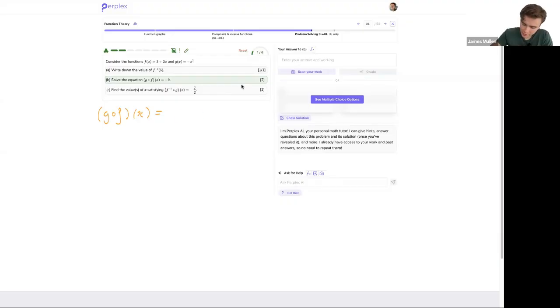So that's going to be negative (3 plus 2x) squared. And that's supposed to be equal to negative 9, which means that (3 plus 2x) squared is equal to 9. If I take the square root of both sides and I put a plus minus, 3 plus 2x is equal to plus or minus 3.